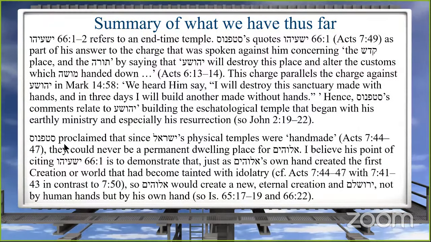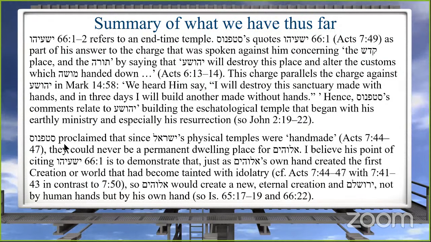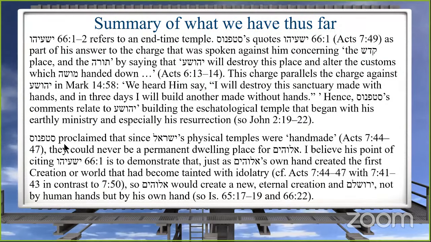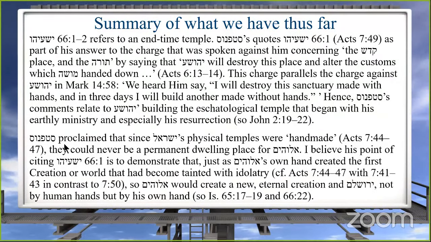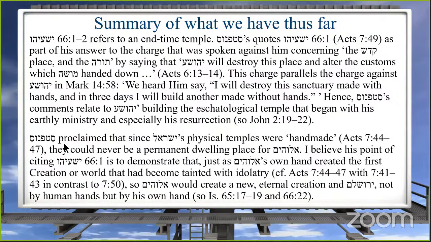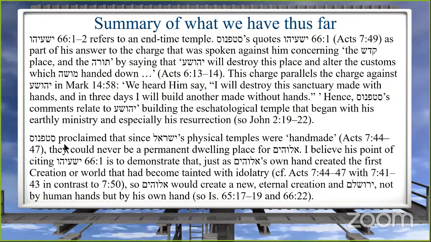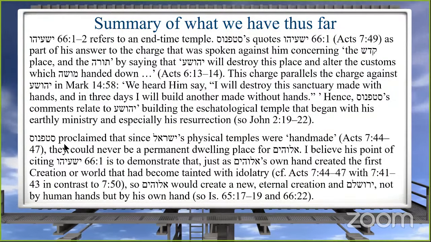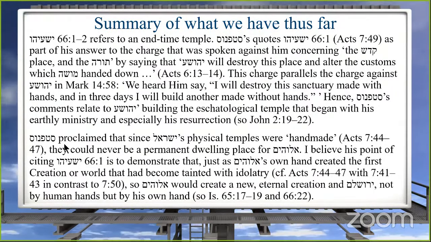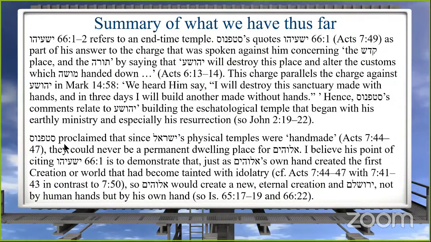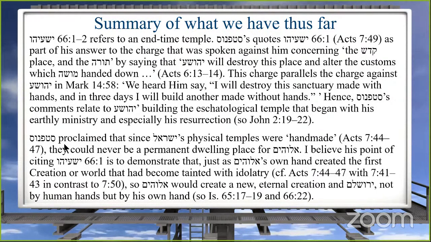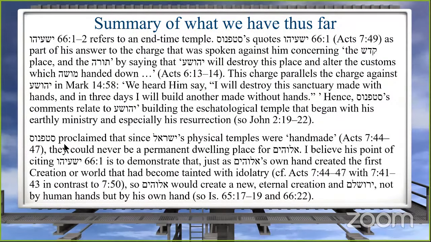Isaiah 66:1 and 2 refers to the end time temple. Stephonos, or Stephen, quotes Isaiah 66:1 in Acts 7:49 as part of his answer to the charge spoken against him concerning the holy place and the Torah, that Yahusha will destroy this place and the altar and customs which Moses handed down. We saw Acts 6:13, 14.